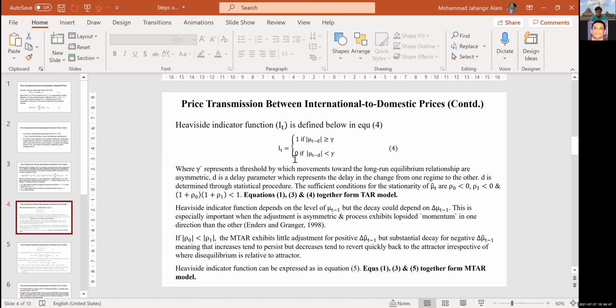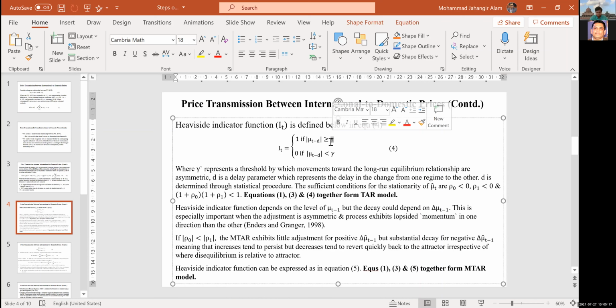And if this value is less than gamma, the threshold, we put 0. So you already created the variable mu t minus d, and then you define 2 new variables, in and out, based on this indicator function. And the big challenge is how do you estimate this threshold, I mean the gamma value, and that's the work of us, right?